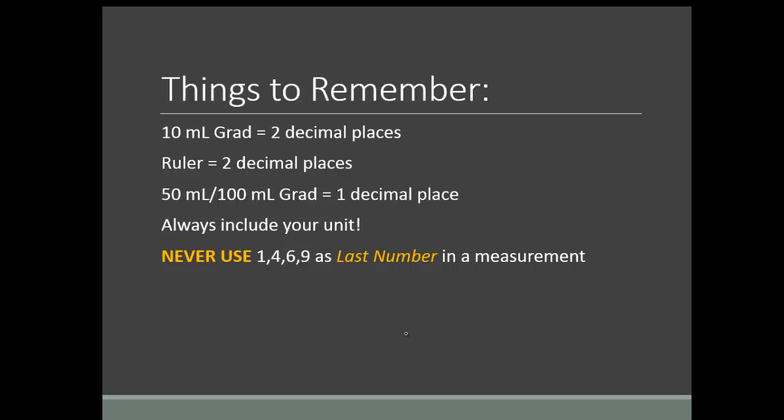Always include your unit. Remember, without it, it's only half credit. And last but not least, we never use 1, 4, 6, or 9 as our last number. They can come as the first number, the second number in a 10 or ruler, but they cannot come as the last number. They cannot be the estimate.